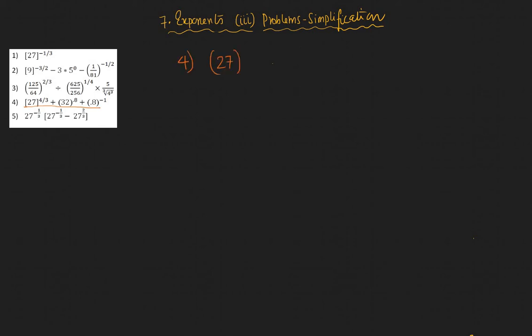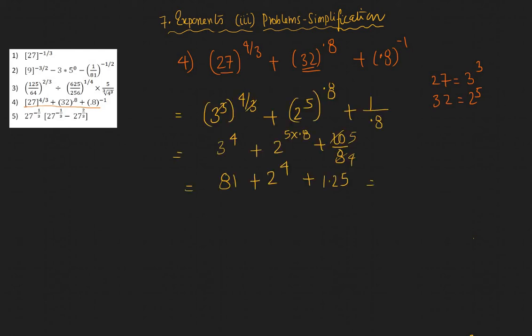27 power 4 by 3 plus 32 power 0.8 plus 0.8 power minus 1. So let's look at 27. I know that 27 is 3 cube, and I know that 32 is 2 power 5. With this, I would urge you to pause the video and try to solve this. So here you go.